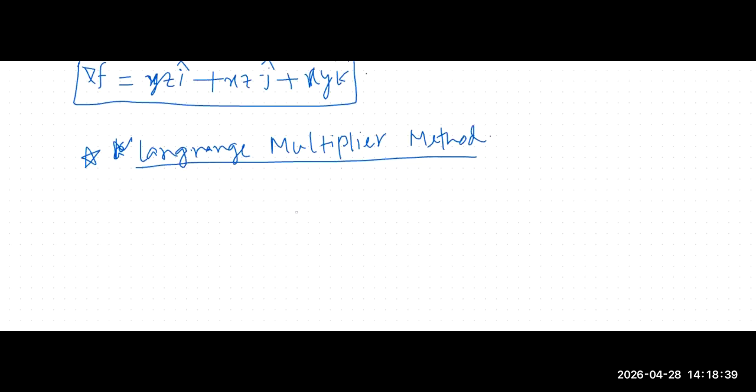So let's say we have a function f of x comma y equal to xy, and g of x comma y equal to twice x plus twice y, which is equal to 0.